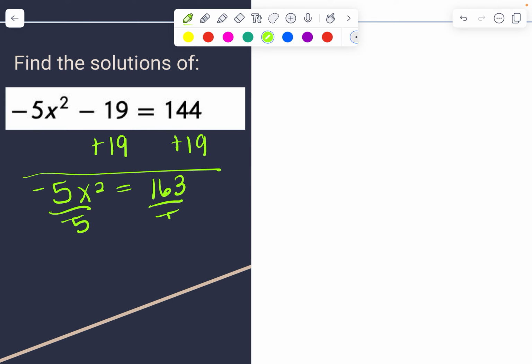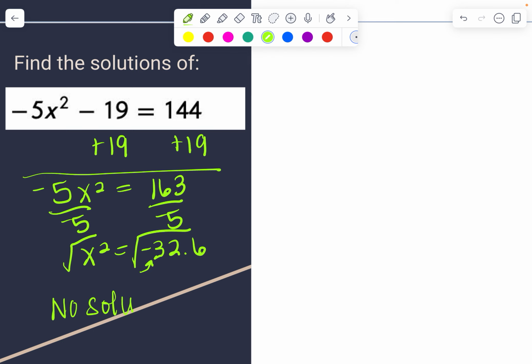Dividing by negative 5, we get x squared is negative 32.6. And if you try to take the square root, it will give you an error because you cannot take the square root of a negative number. So if you have a negative under here, when you go to take the square root, the answer is no solutions.